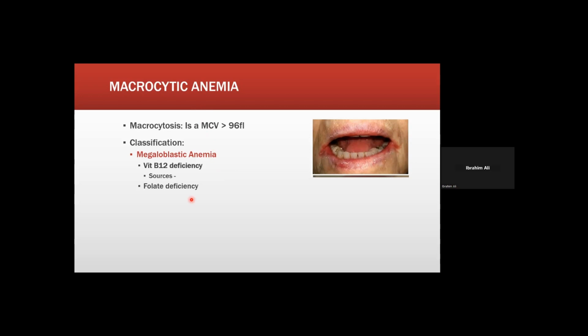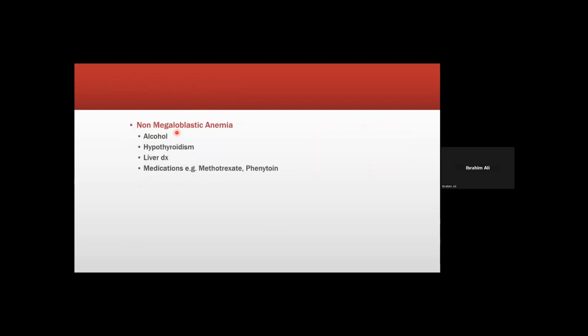For the megaloblastic type, we have deficiency of B12 and also folate deficiency, that is vitamin B9. For non-megaloblastic, alcohol can cause non-megaloblastic anemia, and also hypothyroidism and liver disease, in this case non-alcoholic liver disease, and then medications like septrin and phenytoin can cause it as well.